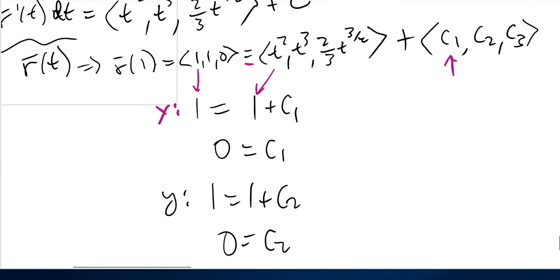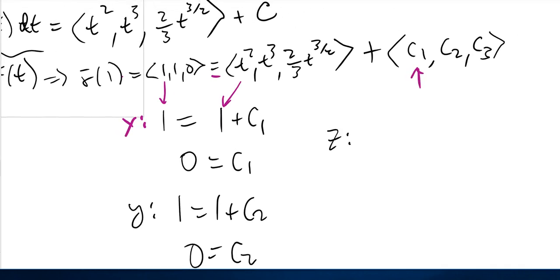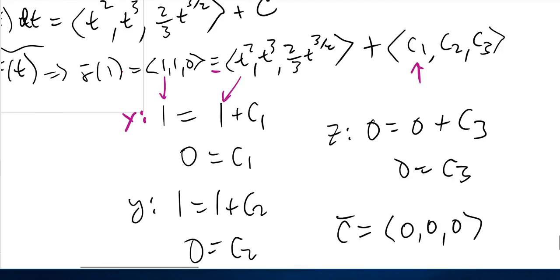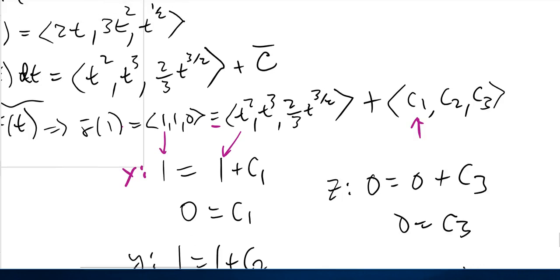And now let's check out the z component. Z is 0 equals 2/3 t to the 3/2 power. Plug in 1, you get 2/3 plus c3, but the z value is 0, so c3 is 0. So it looks like c is 0, 0, 0. I have to put a line over c over here.